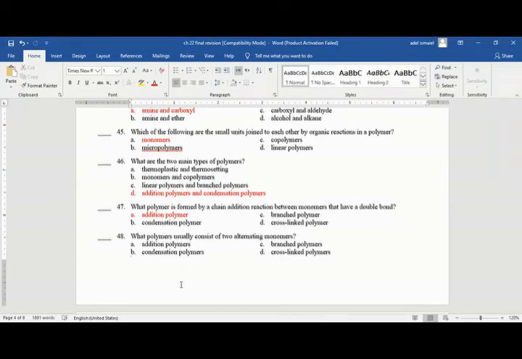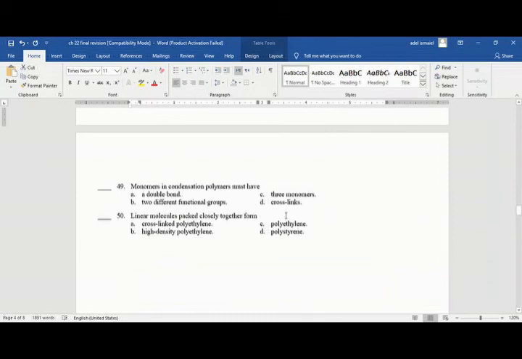As n is repeated, how many monomers combine to form this polymer? What polymers usually consist of two alternating monomers? This is the condensation polymers, as we explained before.